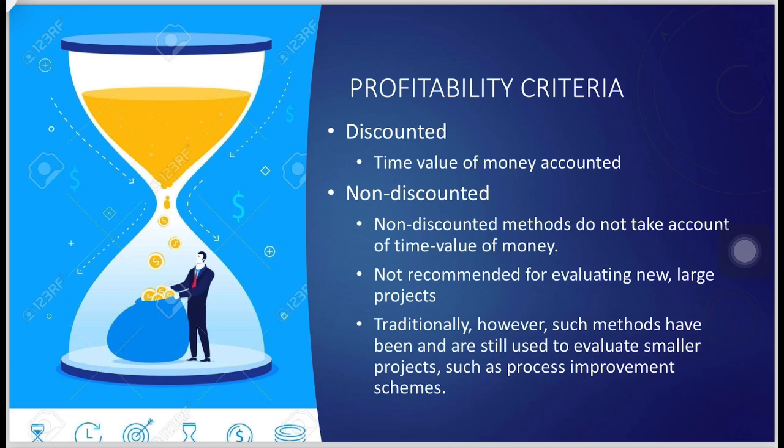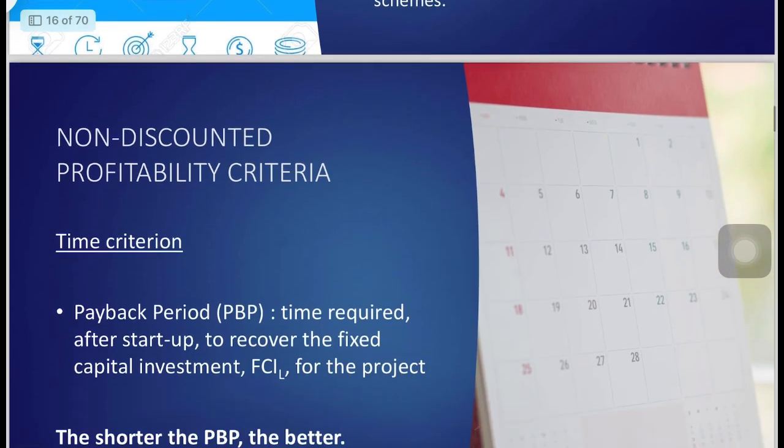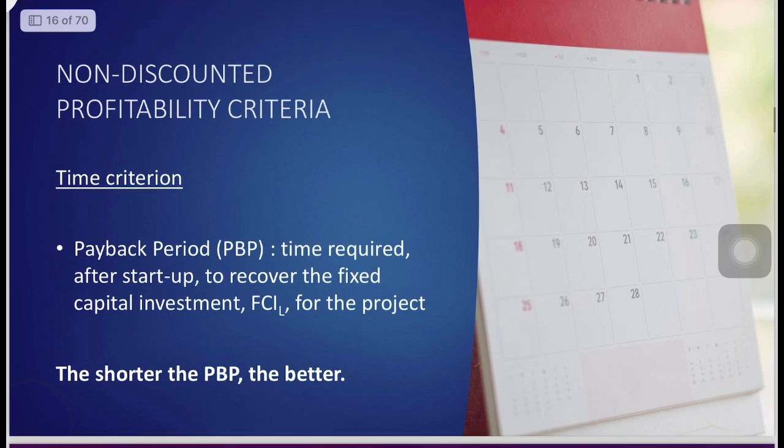All right? So if there's already an existing process plant and there is a process improvement, then usually a non-discounted profitability criteria is used. Okay. So let's discuss first the non-discounted profitability criteria.